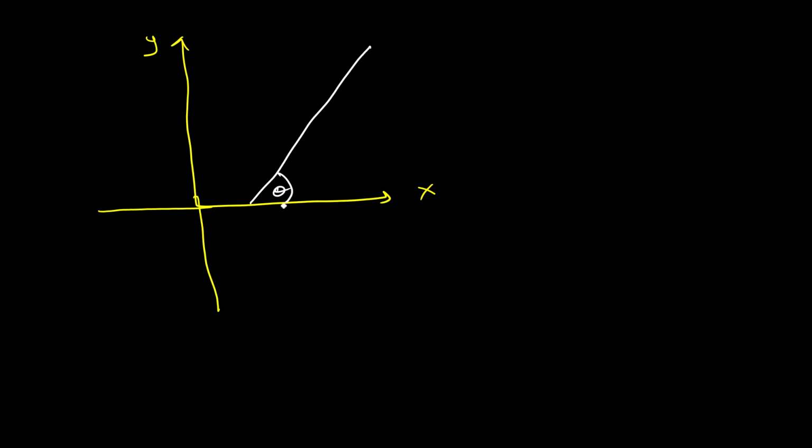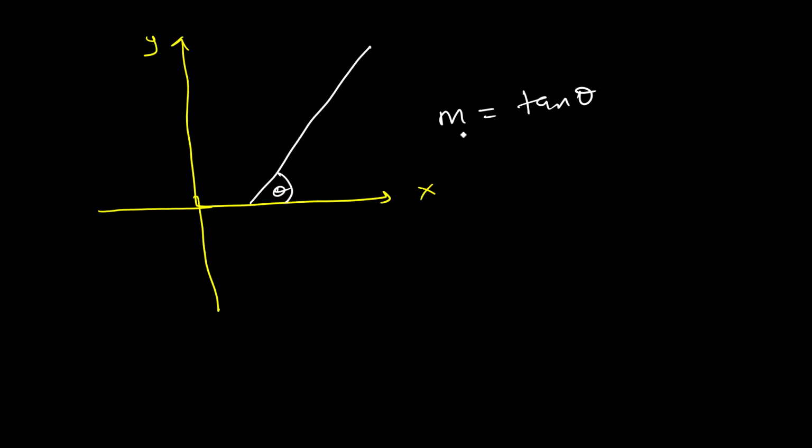If a line meets an angle theta here with the positive direction of the X axis, so the gradient of this becomes M equals tan theta. Okay, so when you are given this angle, you can find the slope.